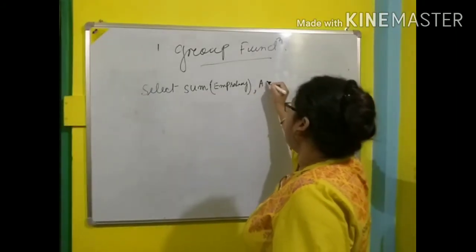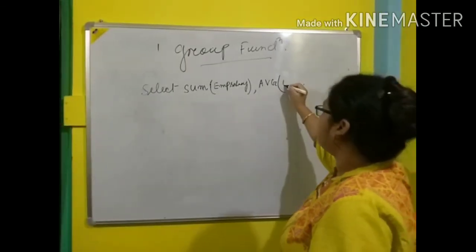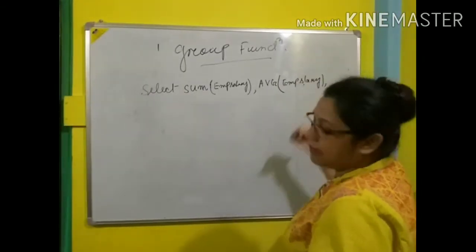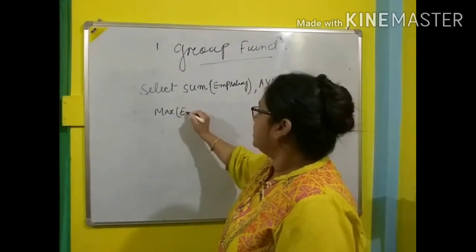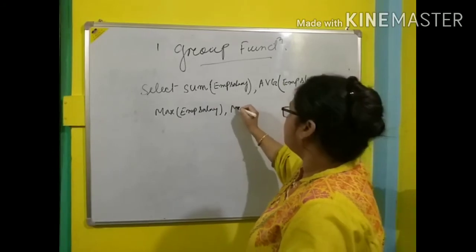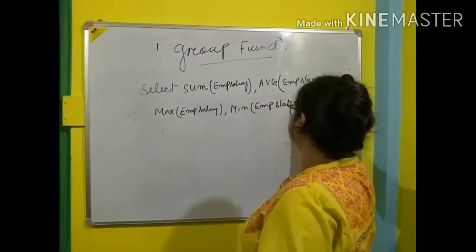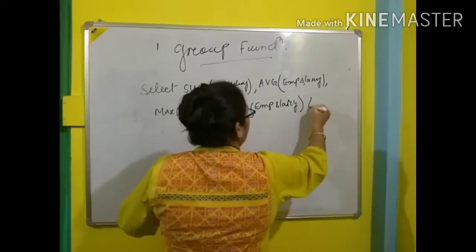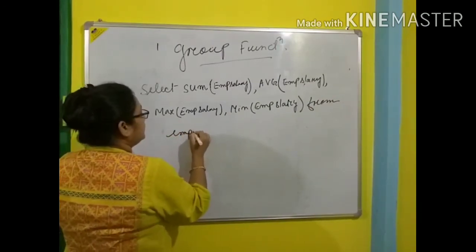After that AVG, round bracket, give the column name, EMP salary, comma, max EMP salary, comma, min EMP salary, from employee details.